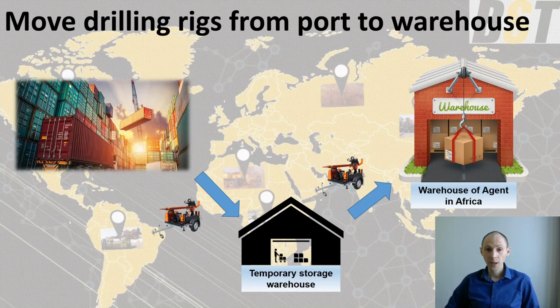Step number 2, you deliver this container to the so-called temporary storage warehouse. So if you look at the slide, you will see that there is a temporary storage warehouse, and this warehouse is available at each port.